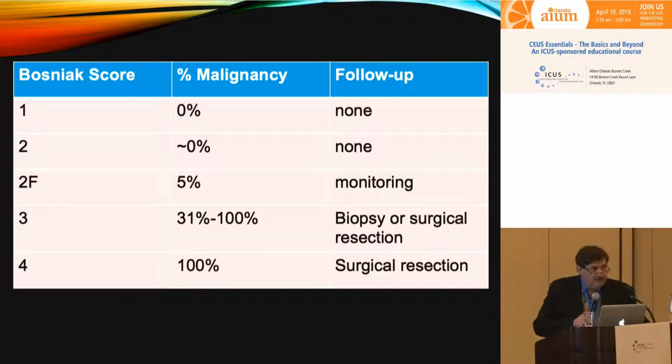The Bosniak 3s in the literature are somewhere between 30 and 100% malignant lesions, so most institutions either biopsy or surgically resect these lesions, and the Bosniak 4s have about 100% chance, and these require surgical resection. And I put this here because we're going to talk about this same table after we go back through CEUS and see how CEUS fits into this table.